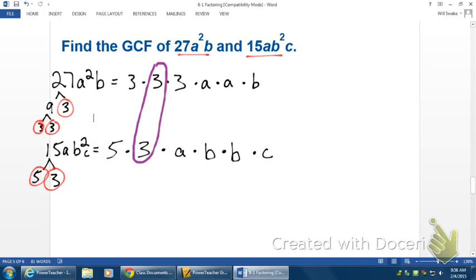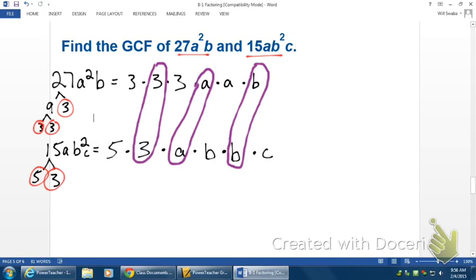What else do I have in common? I got an A right here and I got an A down here. I have a B right here and a B down here. Are those my only common terms?